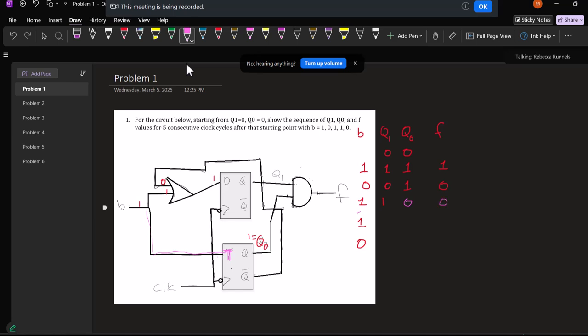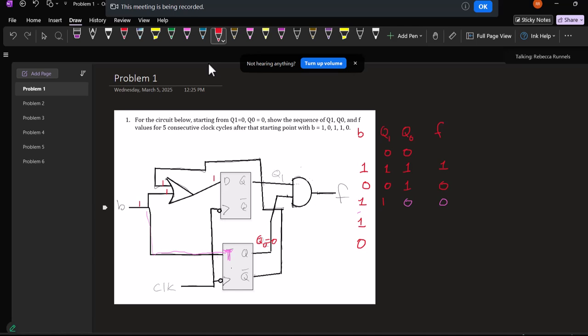All right, on the next clock cycle, B is again 1. And it's important to know what Q0 was last time. Q0 was 0. That means the not of Q0 was 1, so the other input for our OR gate is 1.